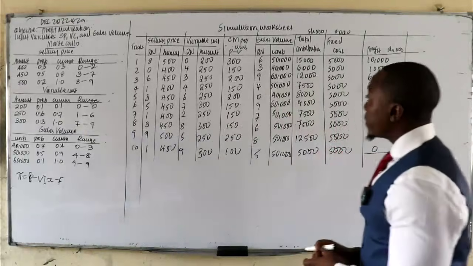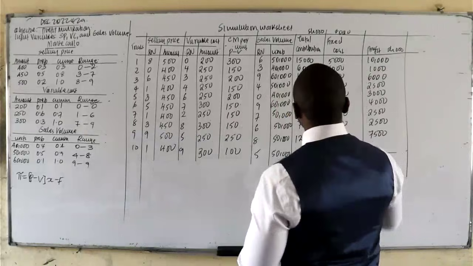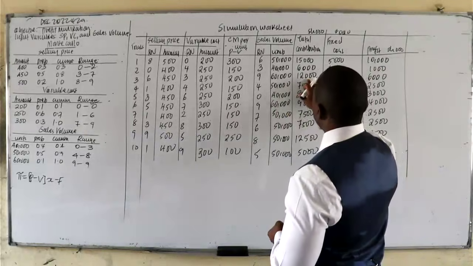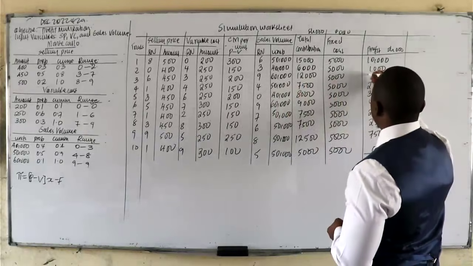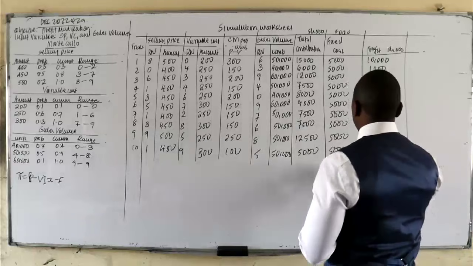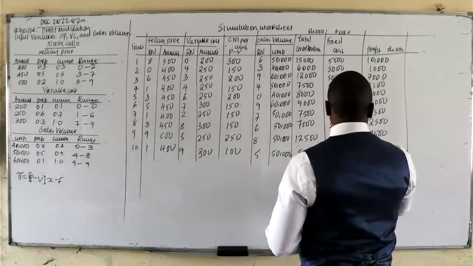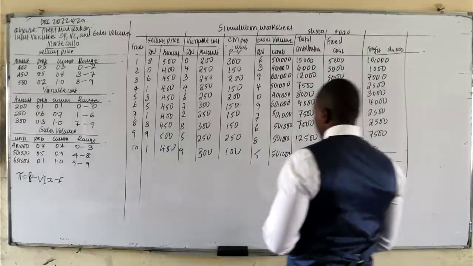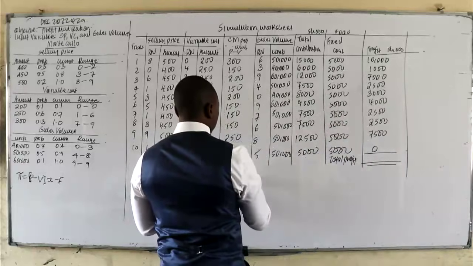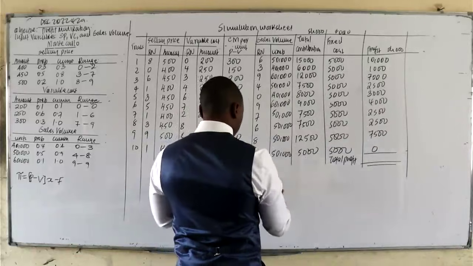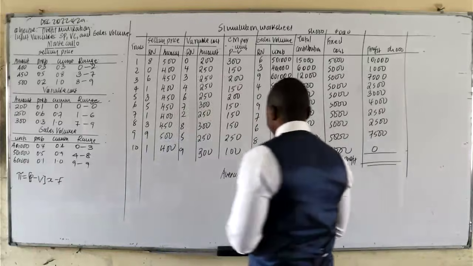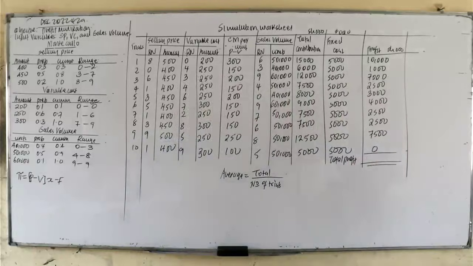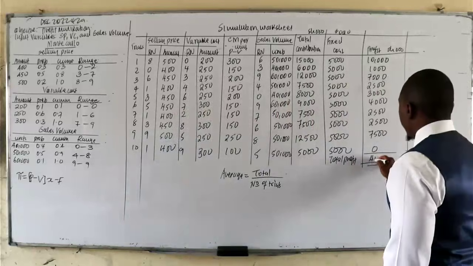Yes. The third one is this one. Total profit. Oh, this is 7 here. Give me the total profits. 40.